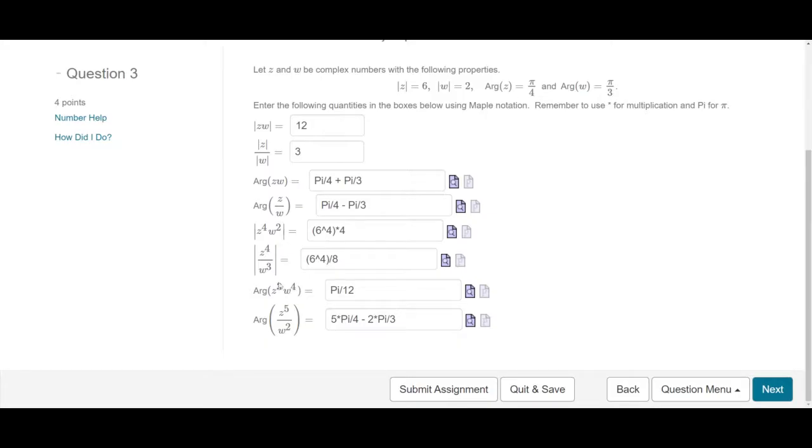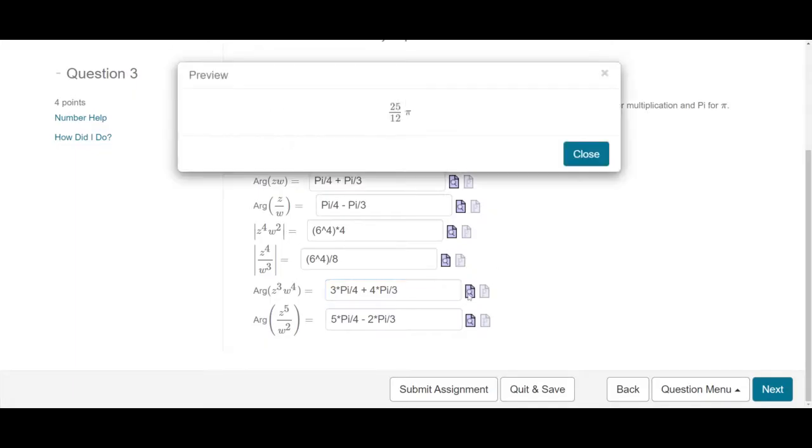And then this one, we want to multiply the argument of Z by 3 and add it to the argument of W times 4. Okay, so if I was to do something like this, let's say I multiply this angle by 3, so I'll get 3 times pi on 4, and I want to add it to this angle times 4, and I can simplify it here.